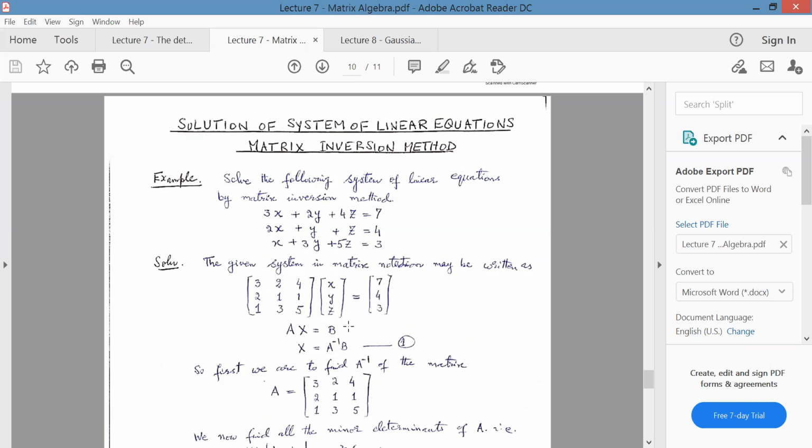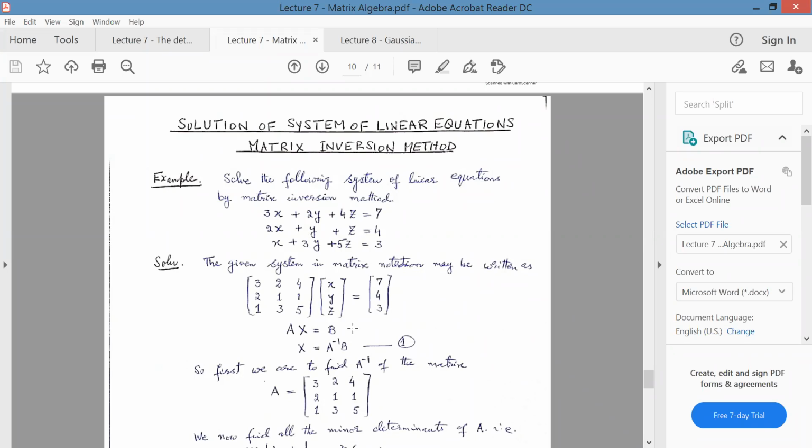And the solution will be, most of the students write what? X is equal to B divided by A. I mean, you are dividing as usual. No, this is not a constant. These are matrices. One matrix cannot be divided by the other. I told you last time that in mathematics, in case of matrices, the division process is not possible.